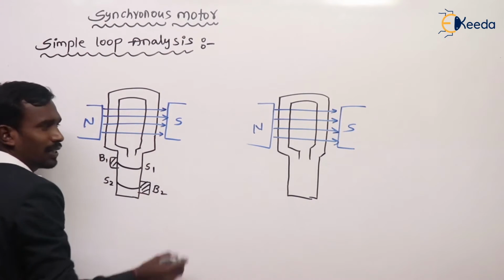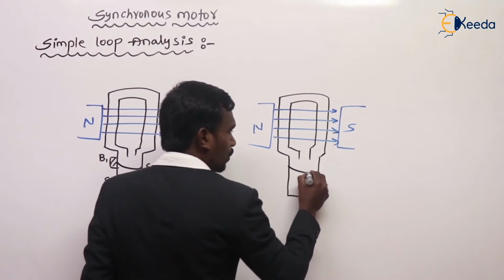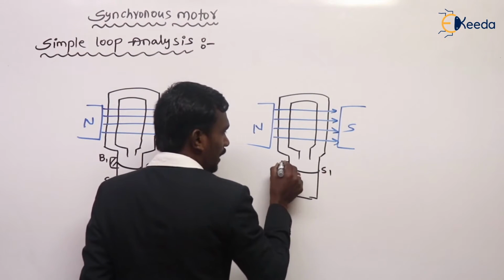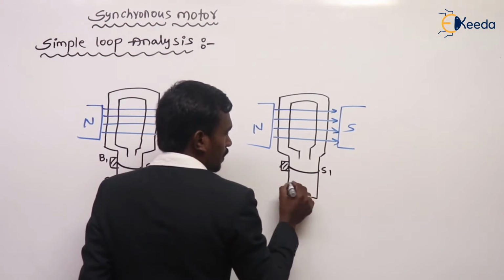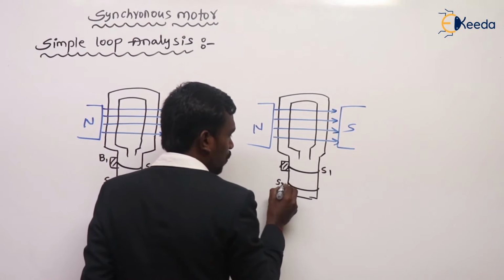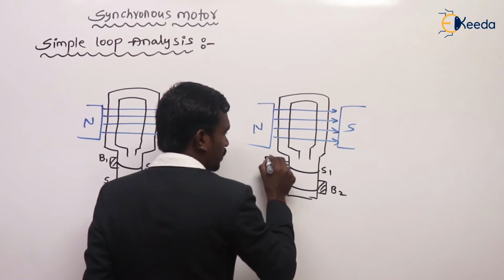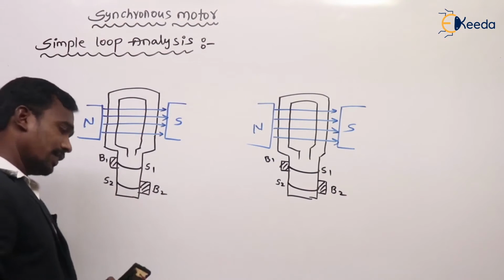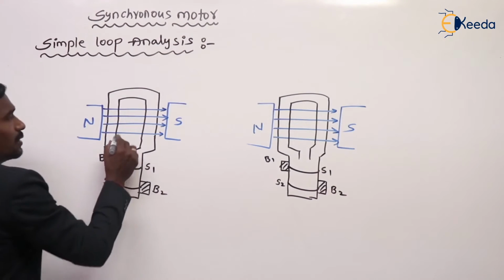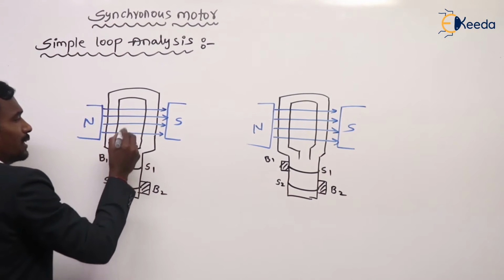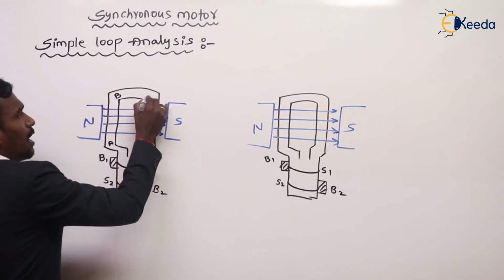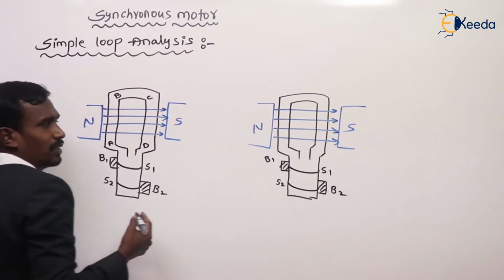I said already, here also slip ring 1 and brush 1, slip ring 2 and brush 2. Is it okay? Now, generally, this armature coil has two conductors, AB and CD.